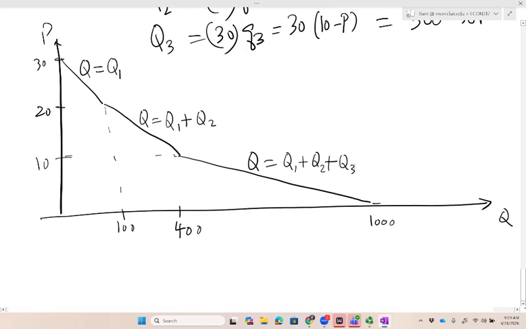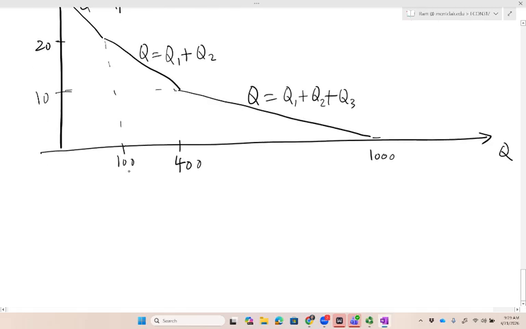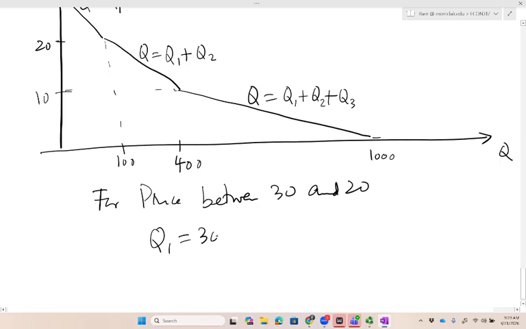I also would like to write down the algebra. So remember, for price between 30 and 20, quantity Q1 is 300 minus 10p, Q2 is 0, Q3 is 0.